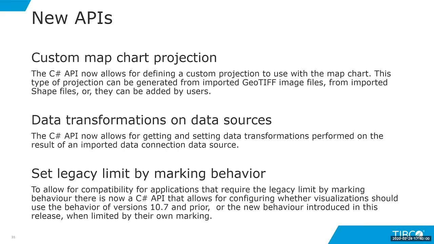That's related to the flexible drill down feature that I demoed initially. And in order to make it possible to have exactly the old behavior of Spotfire, if there are applications that require that, there is also API support to set this legacy limit by marking behavior.